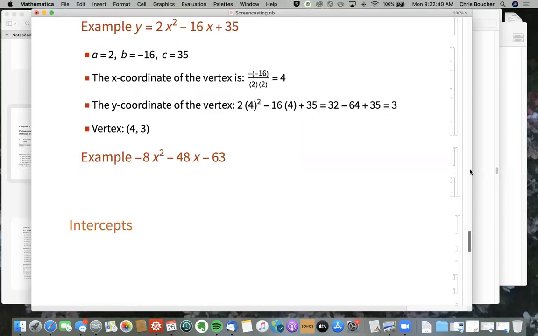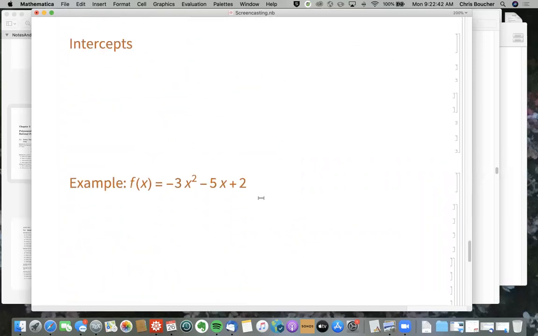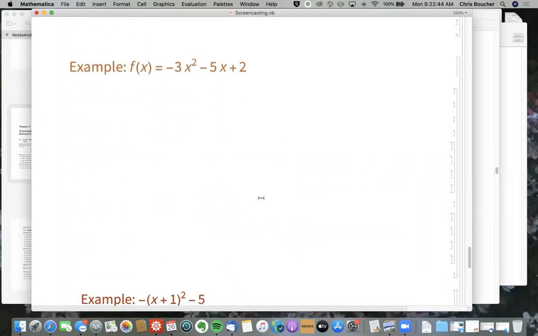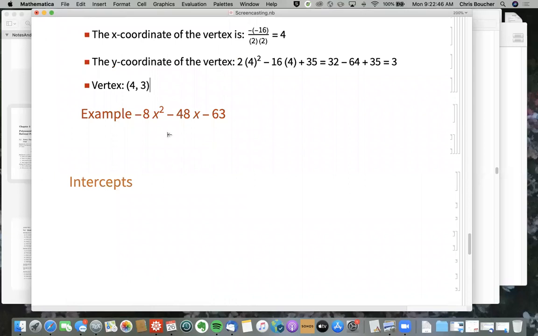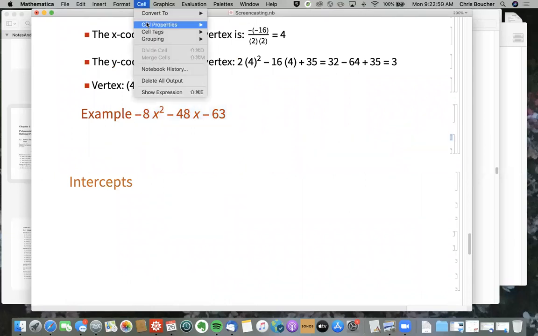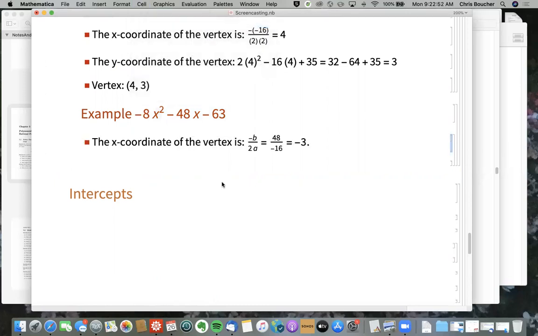All right. Another example, and then we'll talk about intercepts, and then I think that's about all we need for quadratics. So here's my quadratic. The x-coordinate of the vertex here, b is negative 48, so negative b is positive 48. a is negative 8, so 2 times a is negative 16, and 48 over negative 16 comes out to be negative 3.